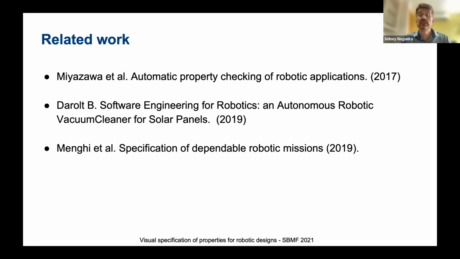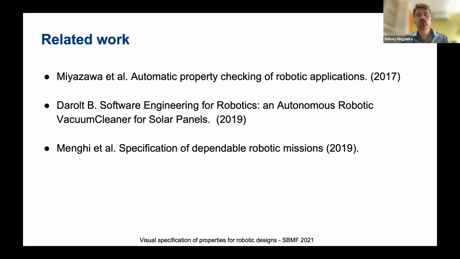So in this first work, you need to know CSP to define the properties. The second work is very interesting for us because it modeled a lot of robotic properties by hand, and we tried to express them using our notation, and it was useful for our validation.